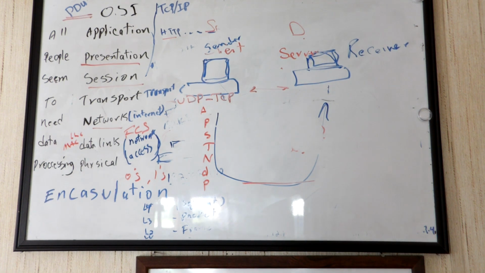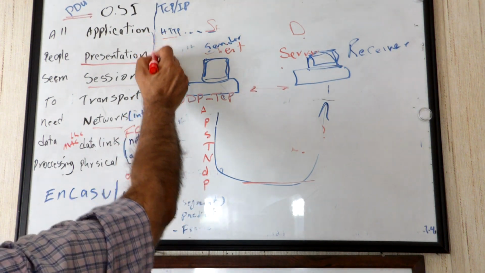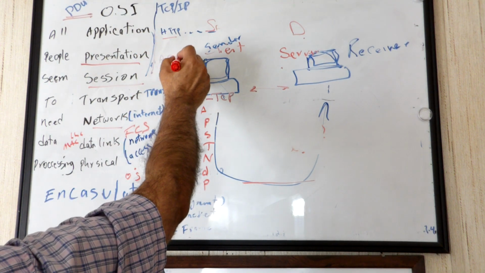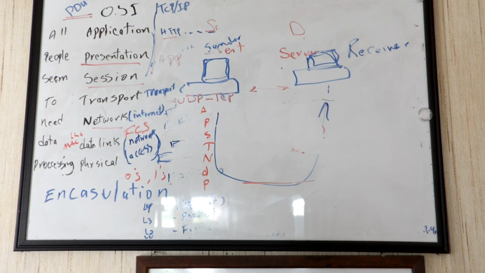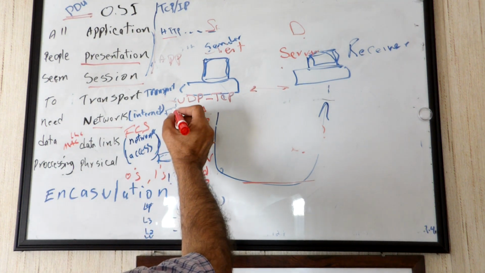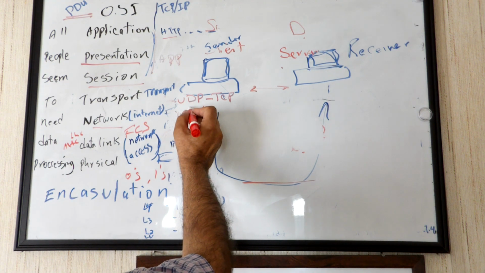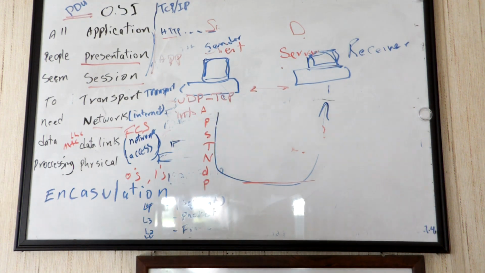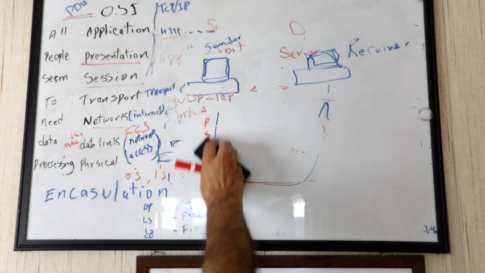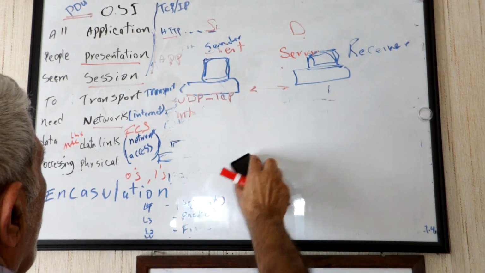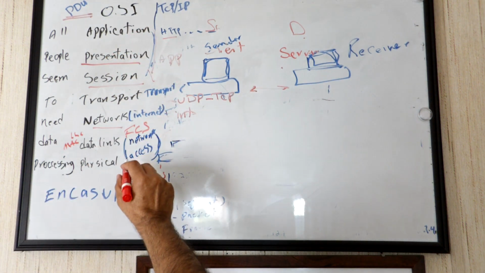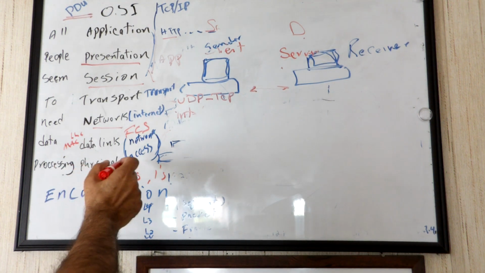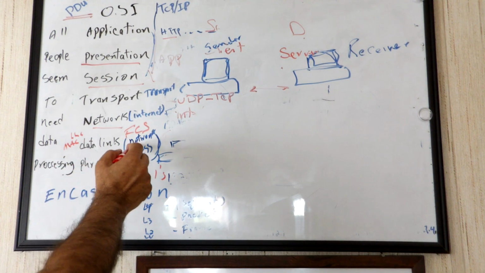In the newer system, the top three layers are just one, called application, and then transport, and then internet, and the bottom two layers are changed to one layer, network access.